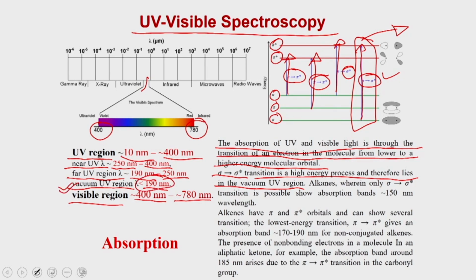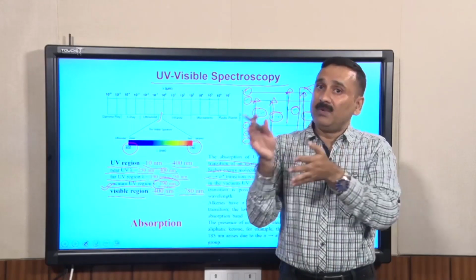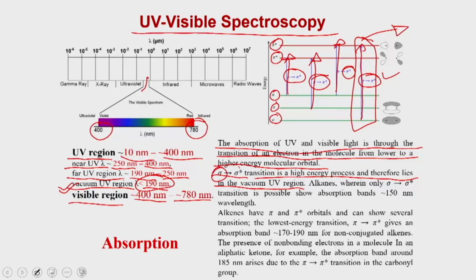As you might have seen in the initial formula, E is equal to hc by lambda. The lower the wavelength, the higher the energy. So, if there is a transition from sigma to sigma star, then this is a high energy process.